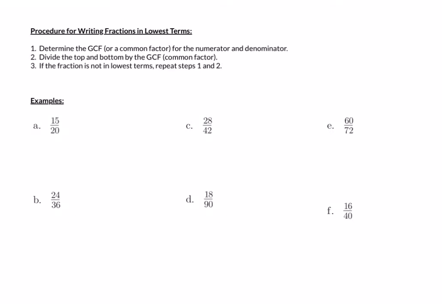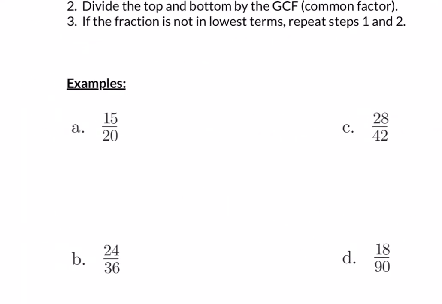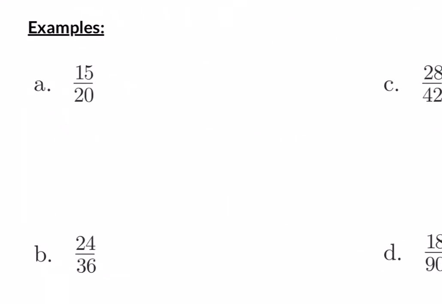So let's go ahead and look at some examples. Example A, we have 15 over 20. I want to know what is the greatest common factor. The greatest common factor for 15 and 20 is 5. So we're going to divide the top and bottom by 5.